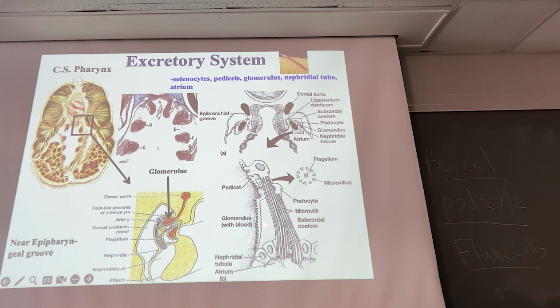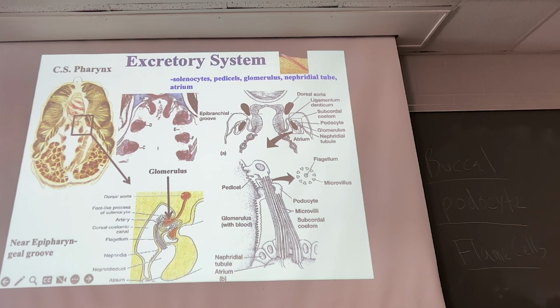So say you got hundreds of these, however you want to think about it, that form these interlocking pedicels that surround the glomerulus. Blood is filtered down to there, right? And these are all beating. They're sending their cilia and flagella down into that nephridial tube.